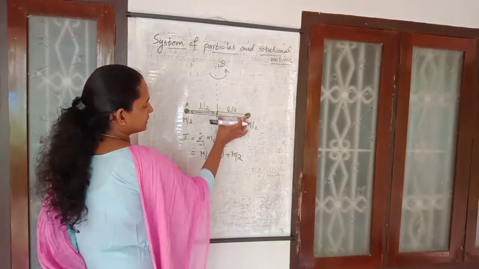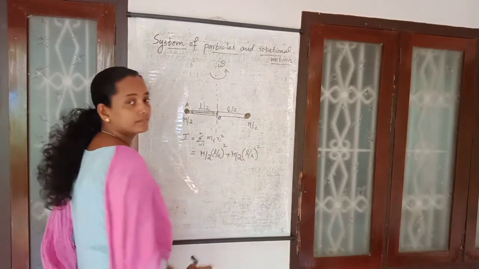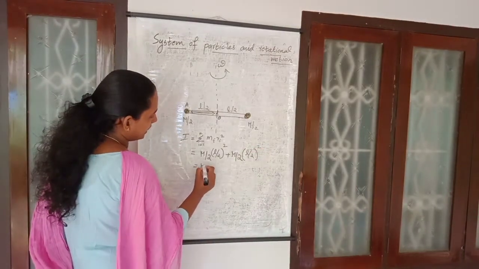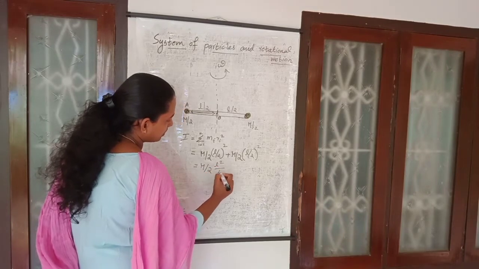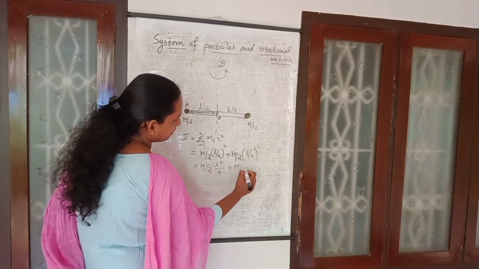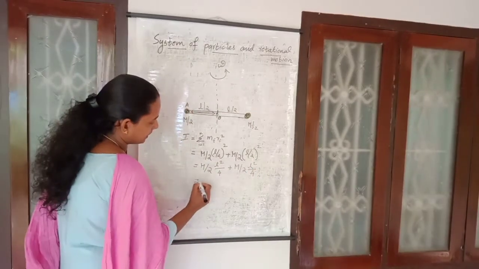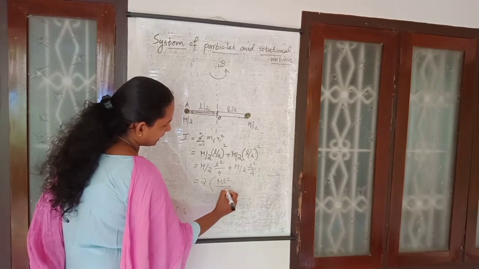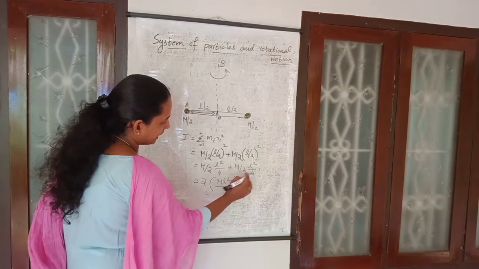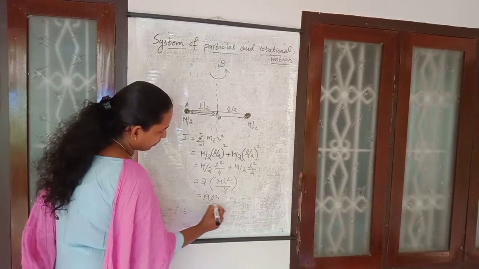And this distance is L by 2 the whole square. So you can write this as m by 2 L square by 4 plus m by 2 L square by 4. 2 times, therefore it becomes 2 times m L square by 8. 4 into 2, 8. So it comes as m L square by 4.